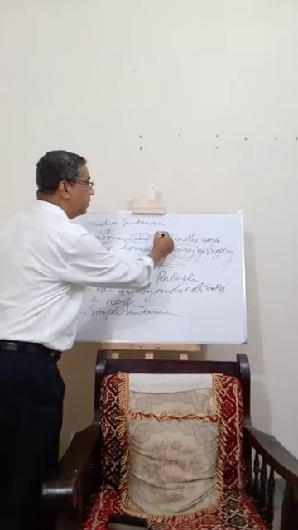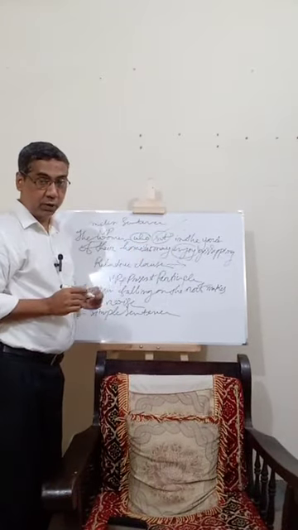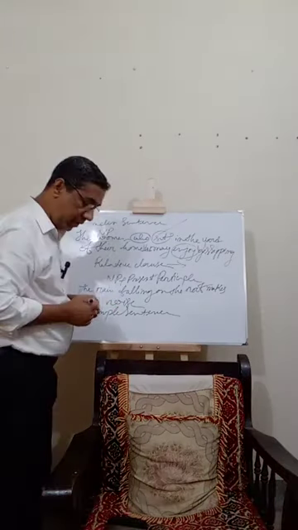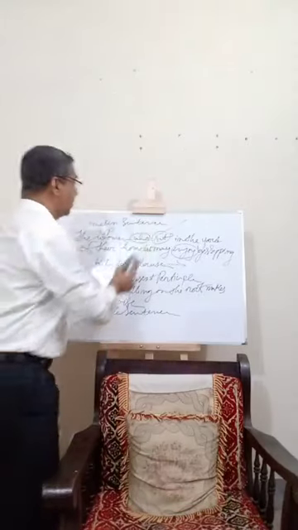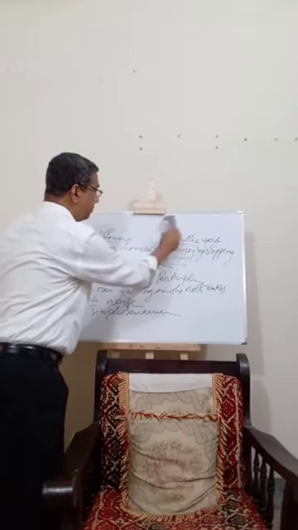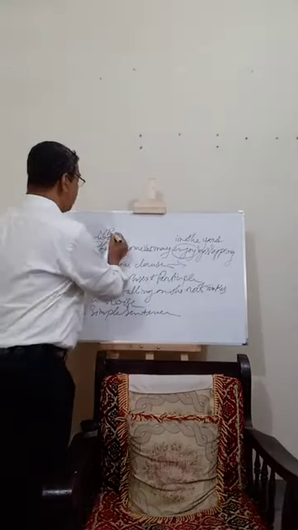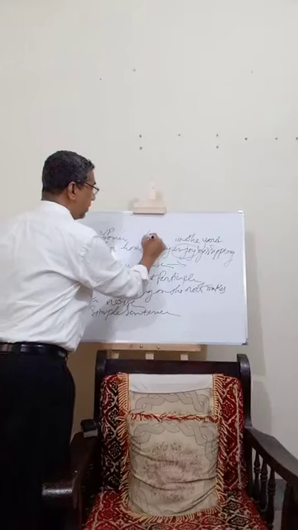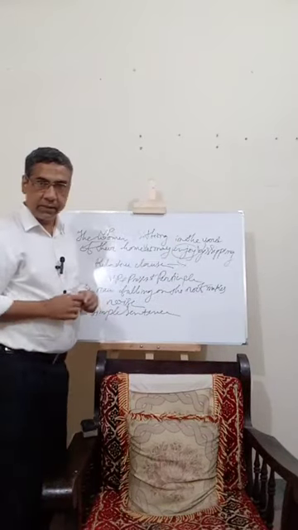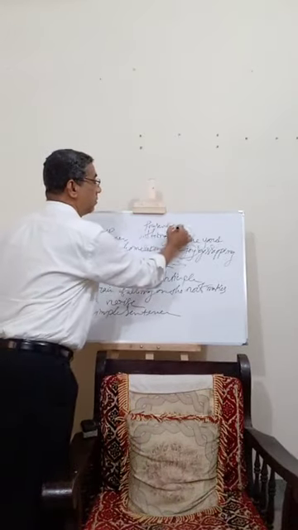That is, I have to change this verb sit into a non-final verb, I mean present participle. So if I write sitting, the women sitting, this sitting is a present participle.